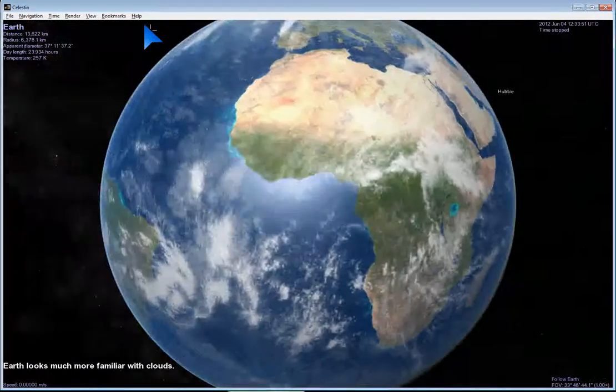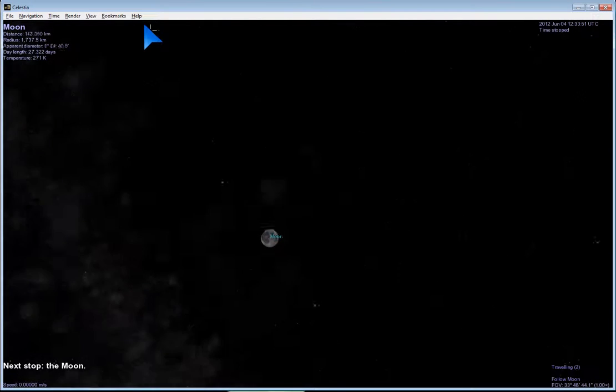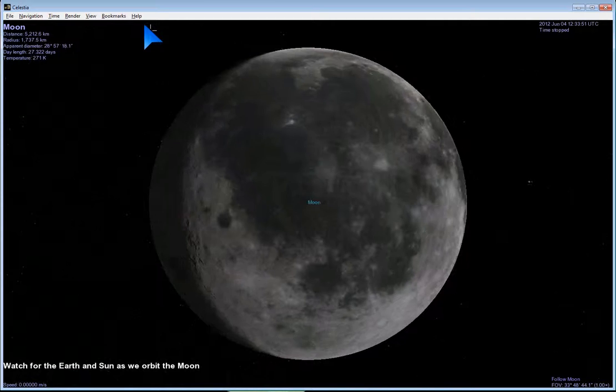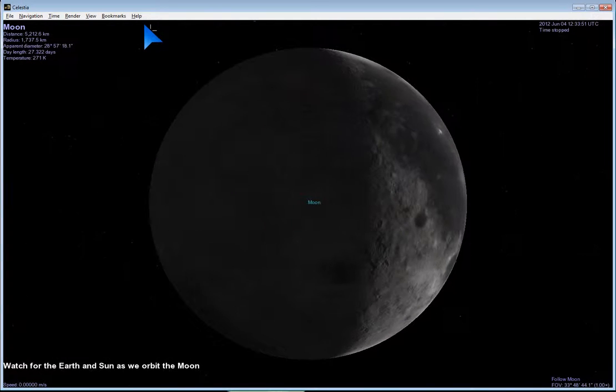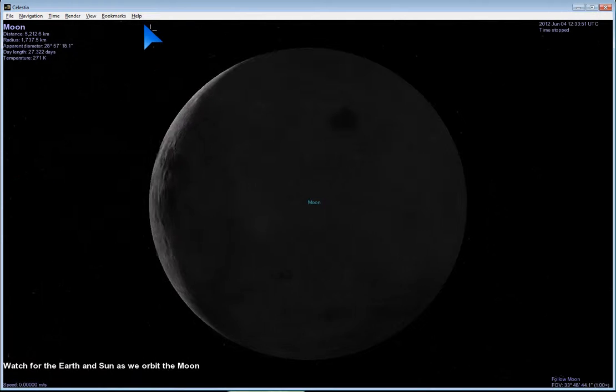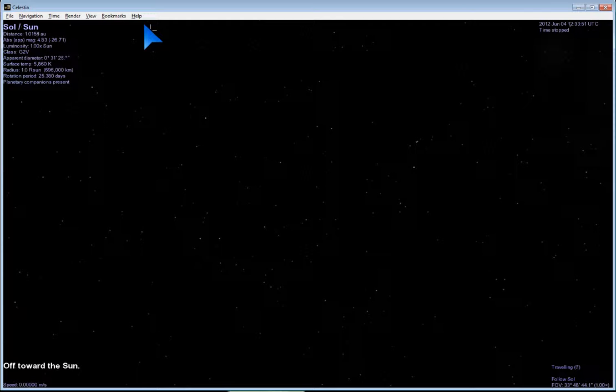We turn on the clouds, and the Earth looks much more familiar. Next we travel to the moon, the dark side of the moon, and we see the Earth looking back in the Earth and the moon.